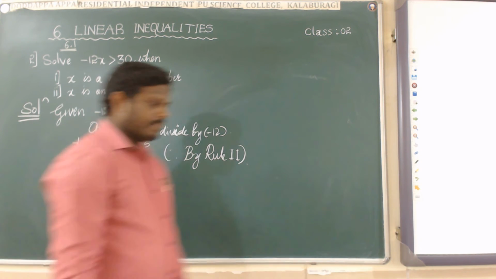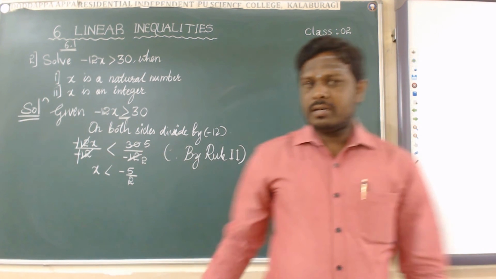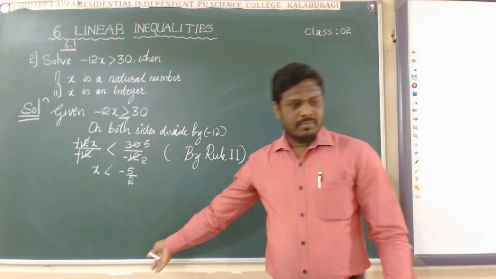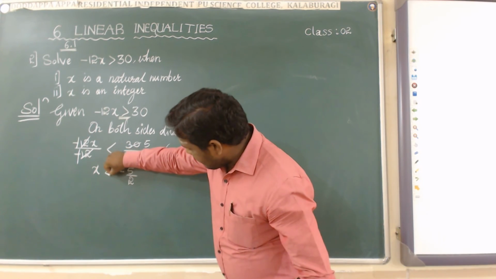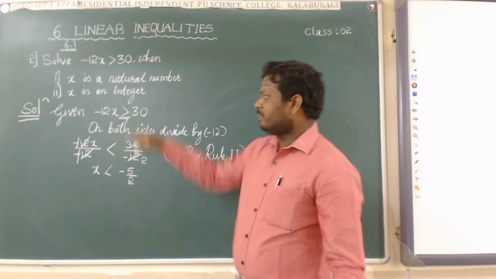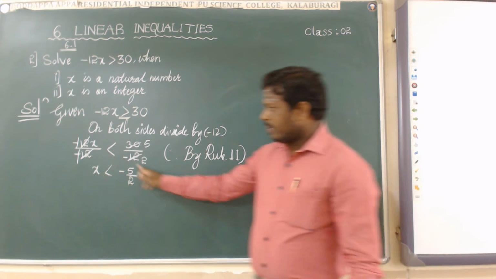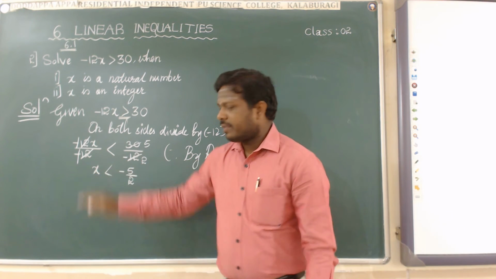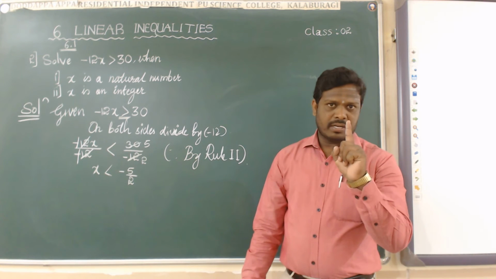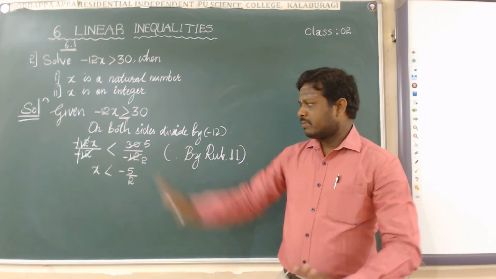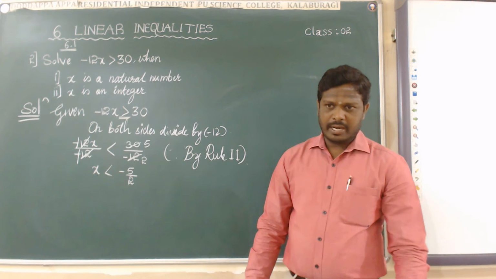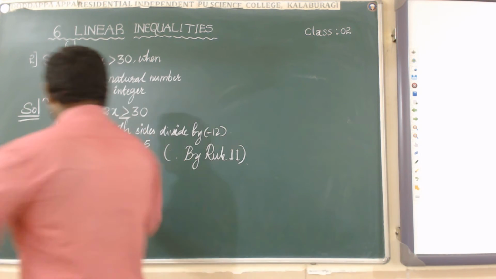This is the last step; after this we can't simplify further. This is the least simplification of the given linear inequality. What is the coefficient of x now? Positive one. Okay, stop simplification.